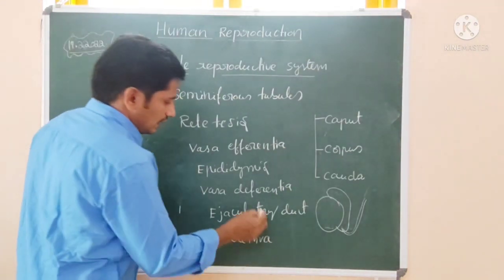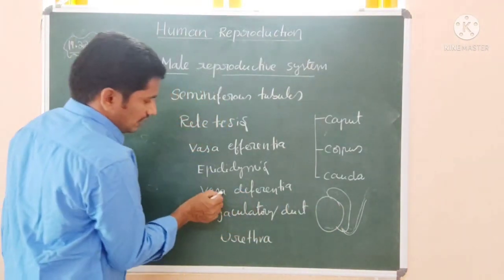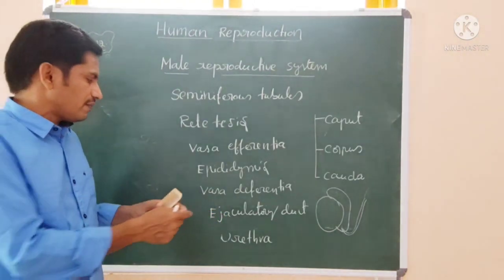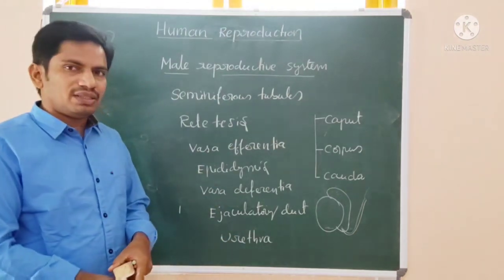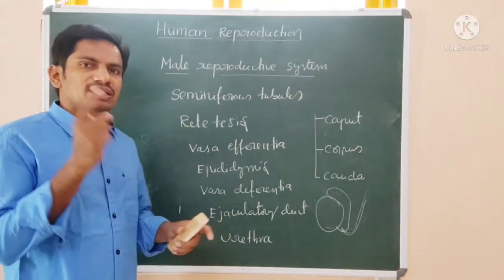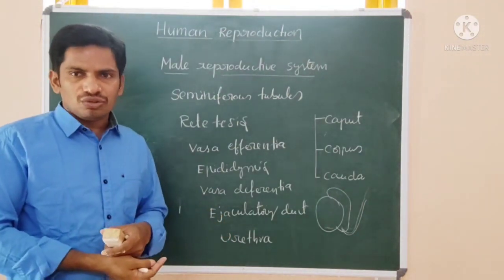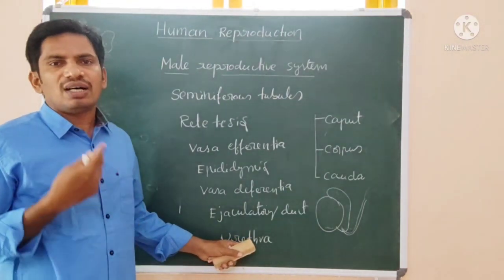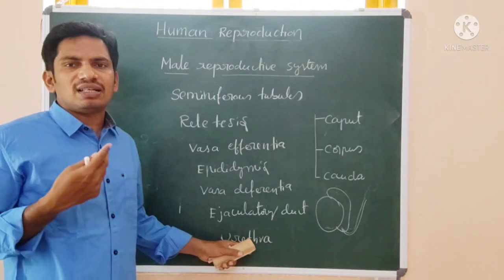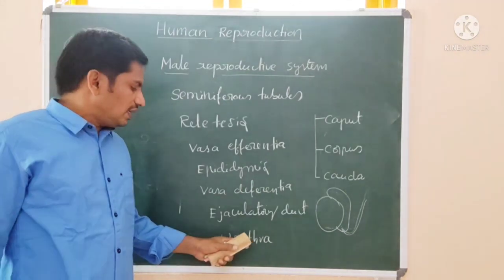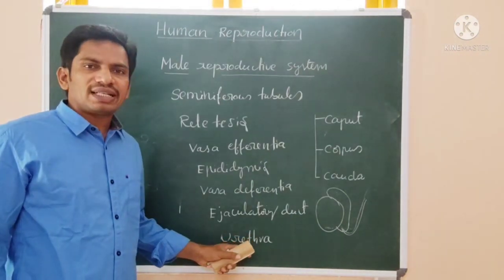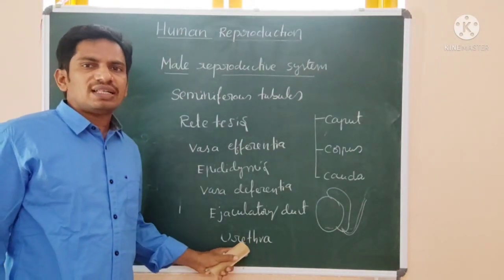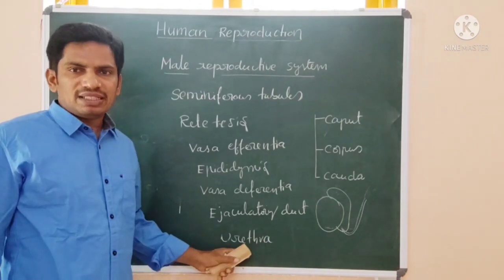So the vasa deferentia and ejaculatory ducts are two in number each, right? And the urethra is the common single tube, which can pass both the urine and the sperm. That's why the human male system is called a urinogenital system. Its length is about 20 centimeters, running along the whole penis.